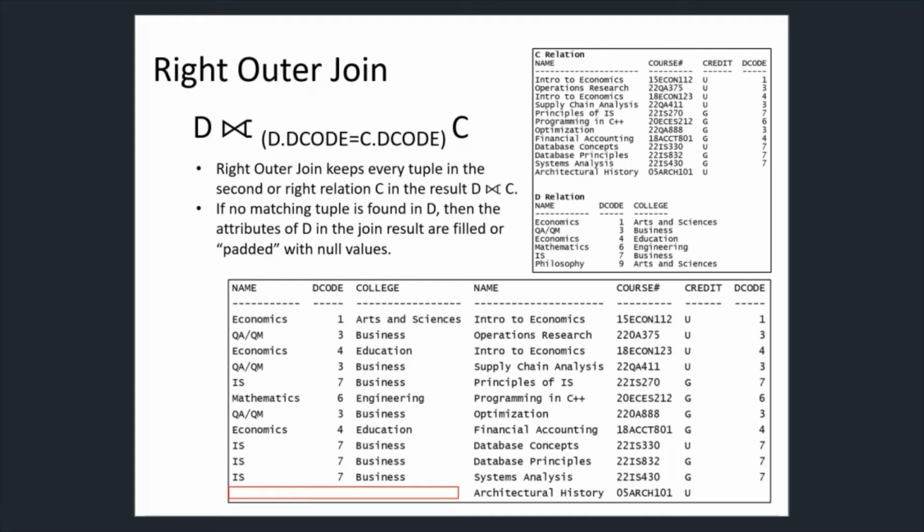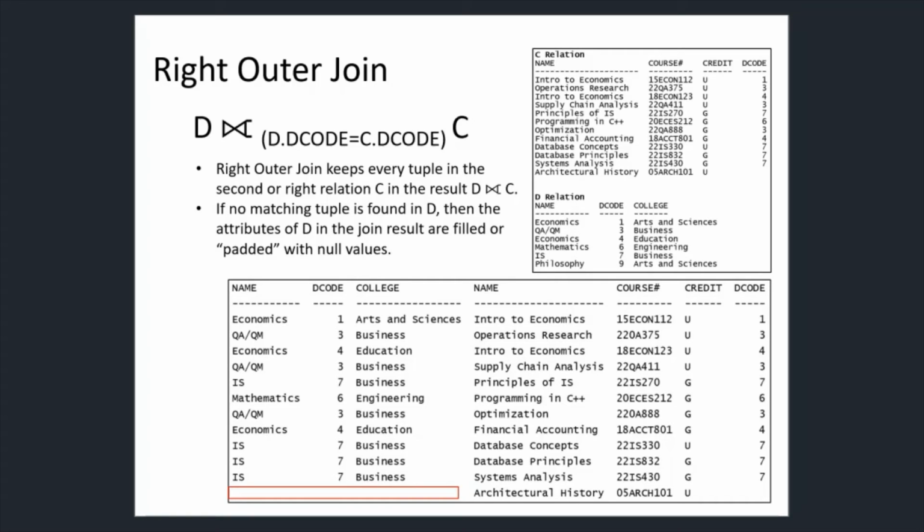And here we can see each course on the right-hand side, so we have Intro to Economics, Operations Research, and so forth. And then for those that have matching tuples, it's present on the left-hand side of the relation. So Intro to Economics is an economics department course. Supply chain is a QA/QM course, and so forth.